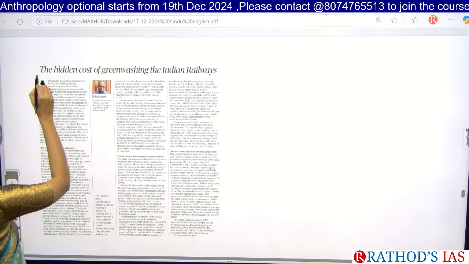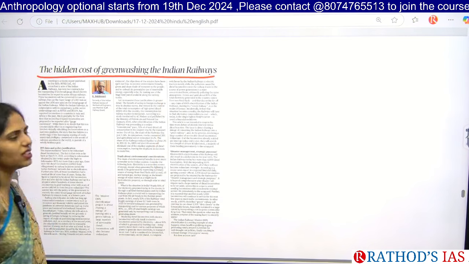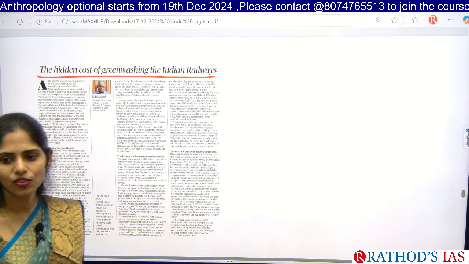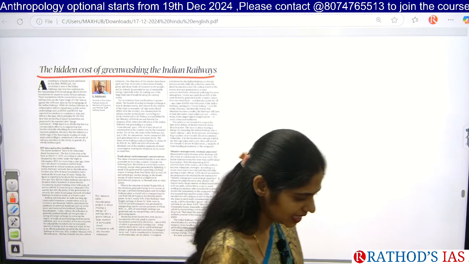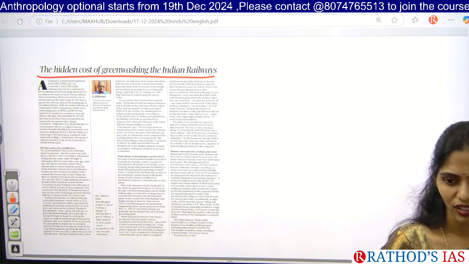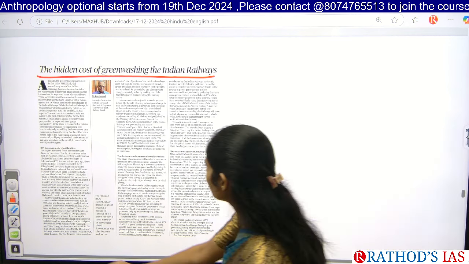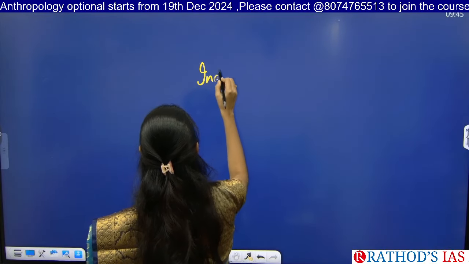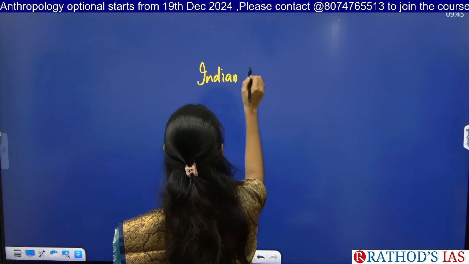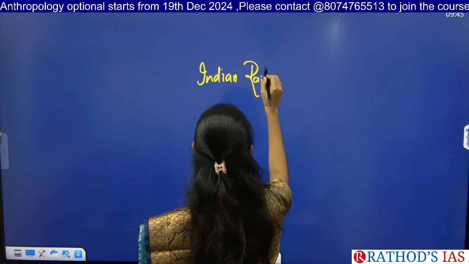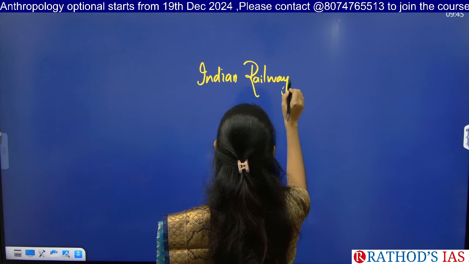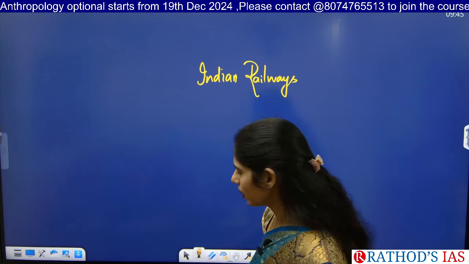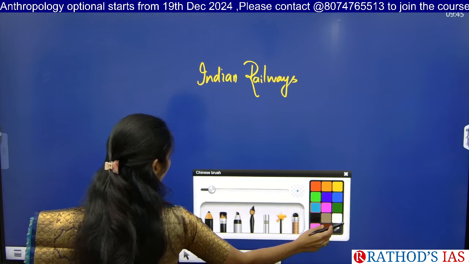The hidden cost of greenwashing the Indian railways. What is this article about? Indian railways. Is there any recent current affair regarding Indian railways? We have a bullet train.